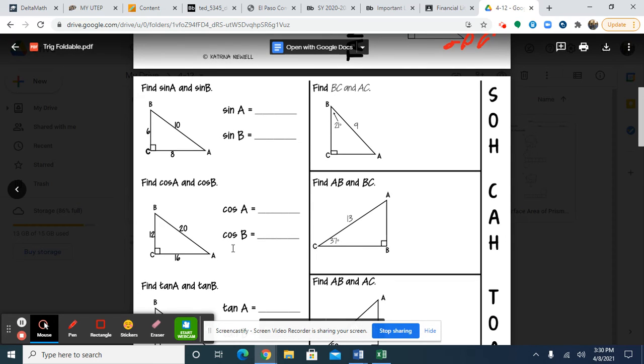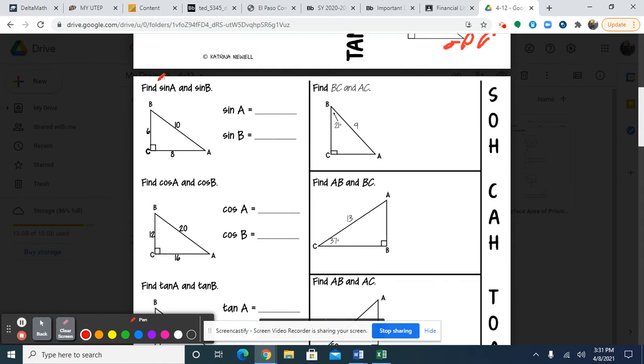So let's look at this first example where we have sine of A and sine of B. Well, we have our angles right here. So what we're going to do is say, okay, sine of A is the opposite side over the hypotenuse.